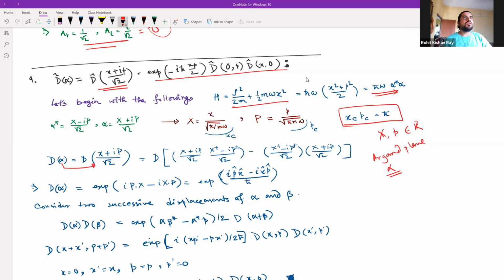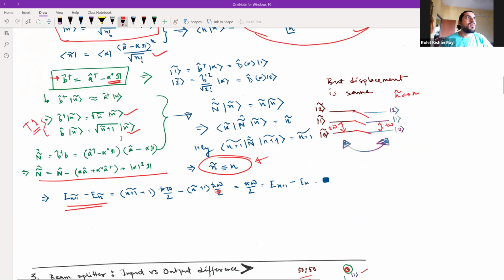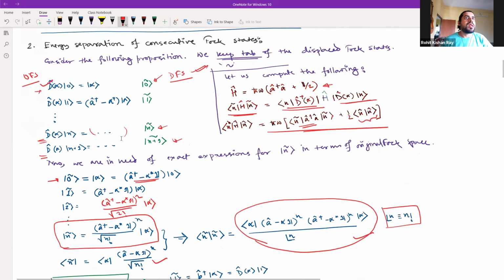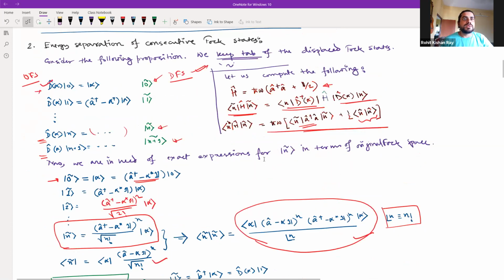Now, if we go back to the definition of the displacement operator, it has a term which goes something like this: alpha a dagger. I have written it down.